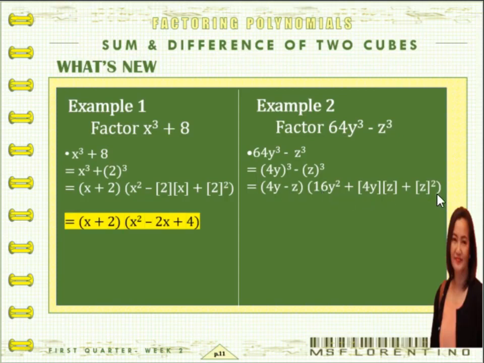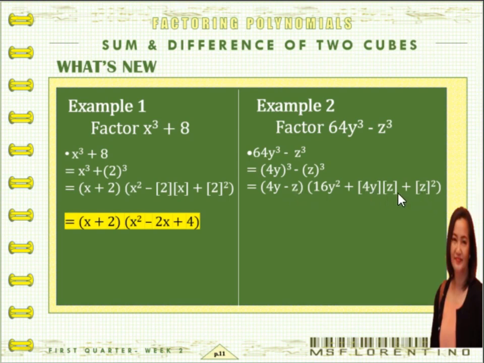To get the trinomial factor, we get the first term. The square of the first term is 4y raised to the power of 2, and that will be 16y squared. To get the third term of the trinomial factor, we square the second term of the binomial factor, z raised to the power of 2 or z squared.